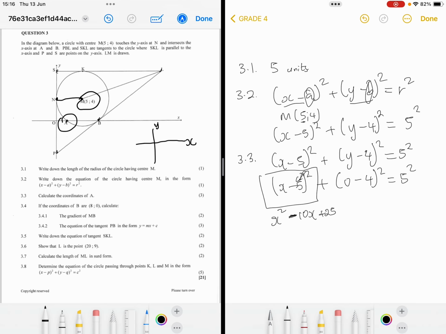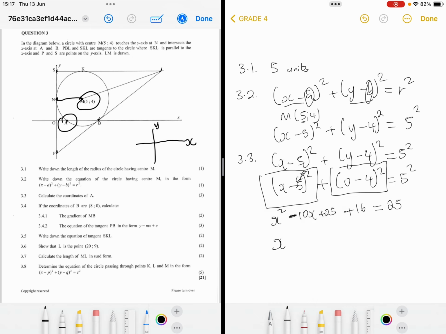So now here we're going to have minus 4 squared. It's going to give us a positive 16. Then it equals 5 squared, which is 25. So now, let's transpose that 25.